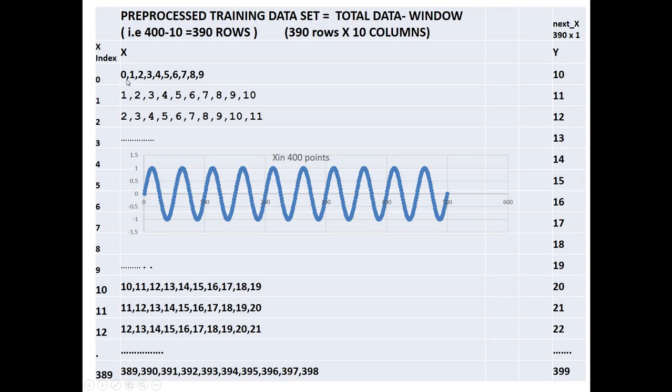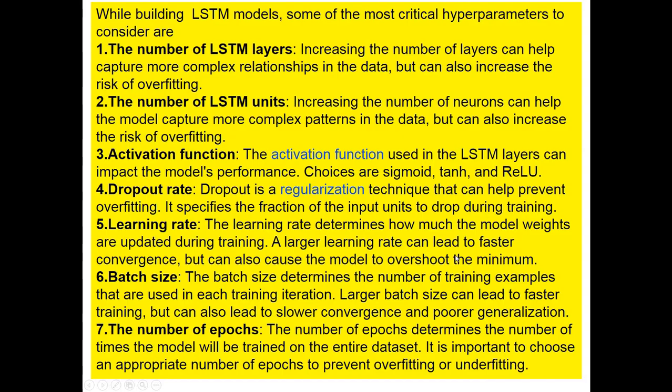Each row has 10 different data values, and 390 such rows are sequenced, and this is nothing but the sine wave samples time shifted in a group of 10.